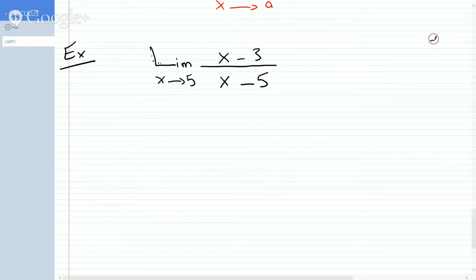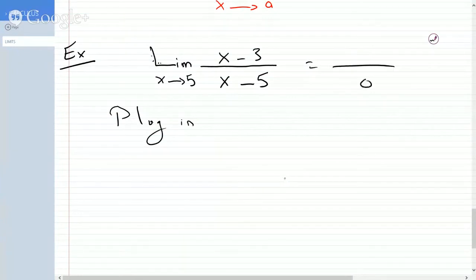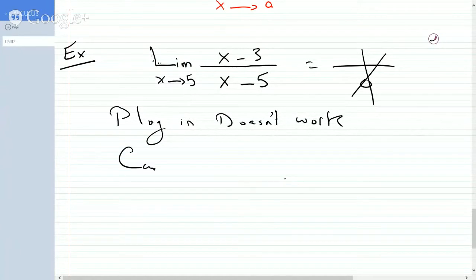Plug in is no good, because you're going to get 0. Can't factor, can't simplify, can't cancel. Okay. So do sided limits.